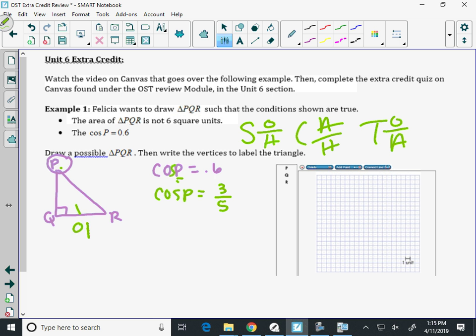Across from P is my opposite. Across from my 90 is my hypotenuse. And the side left over is the adjacent. Cosine is adjacent over hypotenuse, so the adjacent side is 3, my hypotenuse is 5.